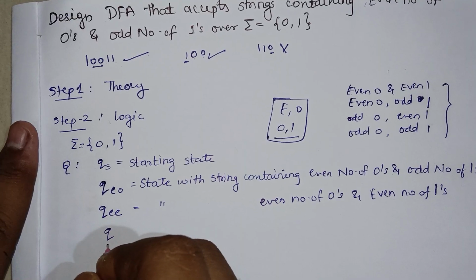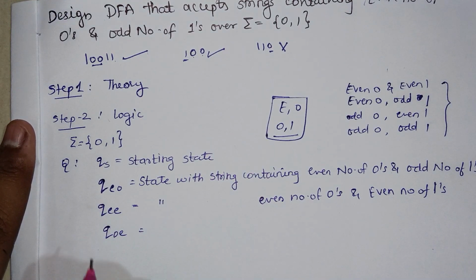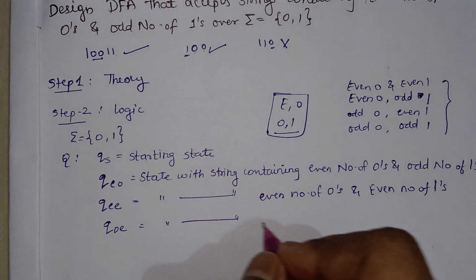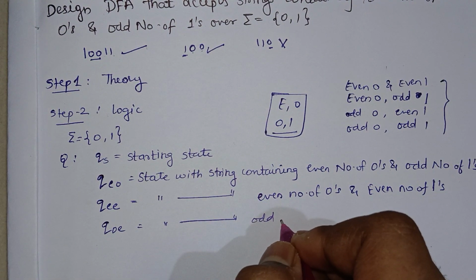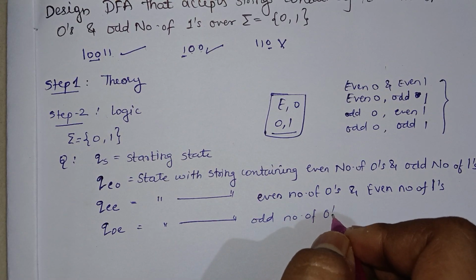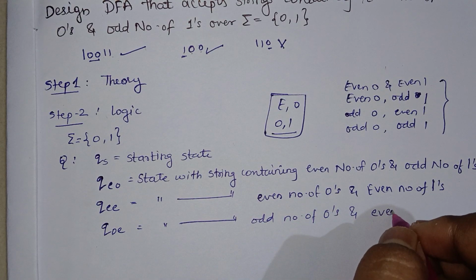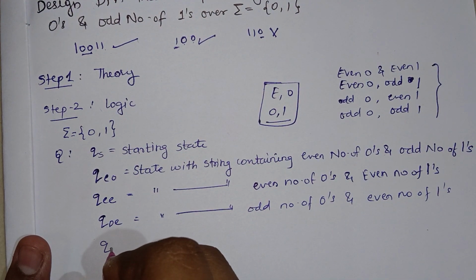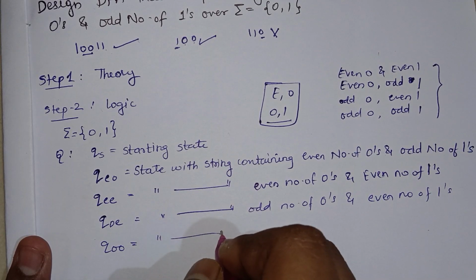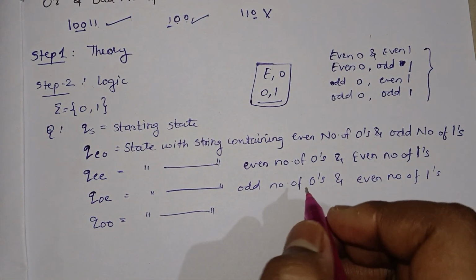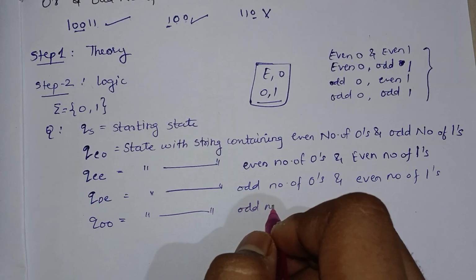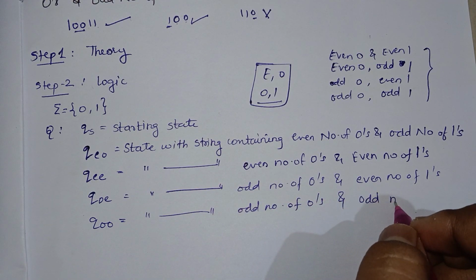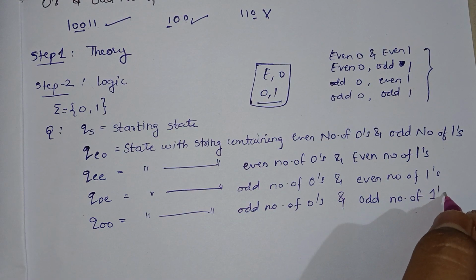Same, QOE is the state with strings containing an odd number of zeros and an even number of ones. QOO is the state with strings containing an odd number of zeros and an odd number of ones.